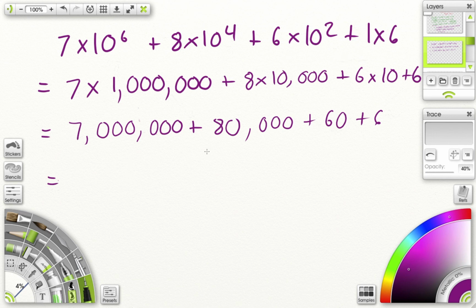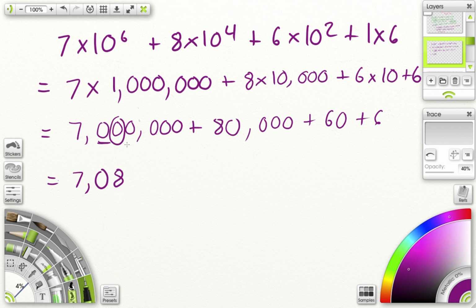So now we have 7 million, which is, we know that 7 is going to be at the beginning. We don't have anything for 100,000, because right here is our 100,000 spot, so that remains a 0. This is our 10,000s place, and we do have something for the 10,000s, so we go 8.